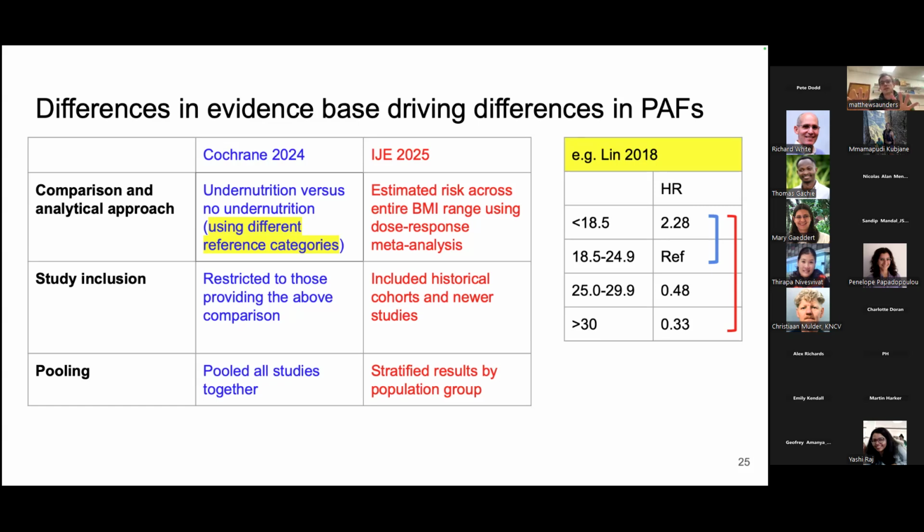And the key there is two things. First of all, that in Cochrane, the reference categories changed a lot. So in some, the reference category was set as 18.5 to 23. In some, it was over 18.5. In some, it was 18.5 to 25. And obviously, if there's a dose-response relationship between BMI and TB, you can envisage how that might impact the results.